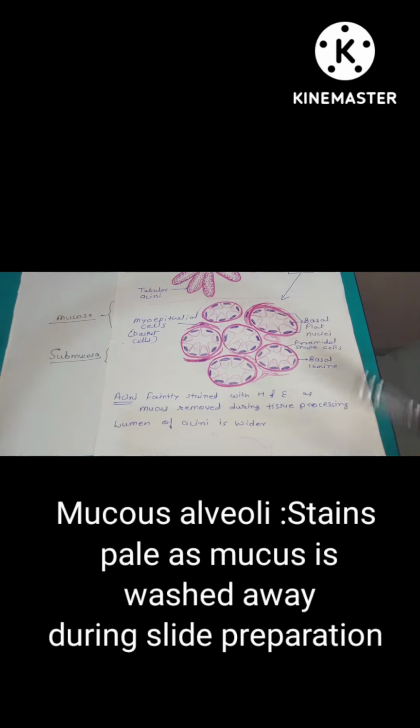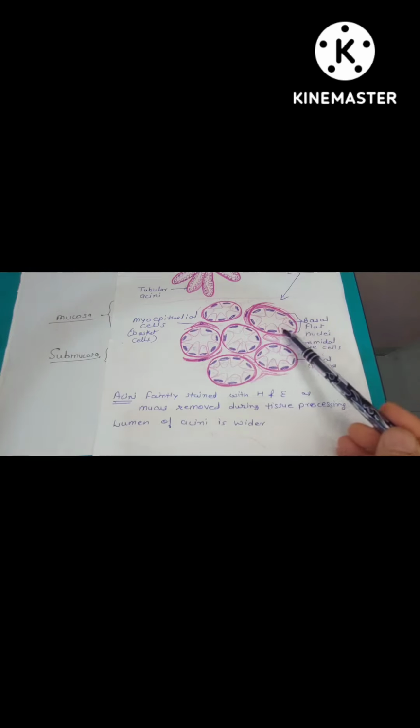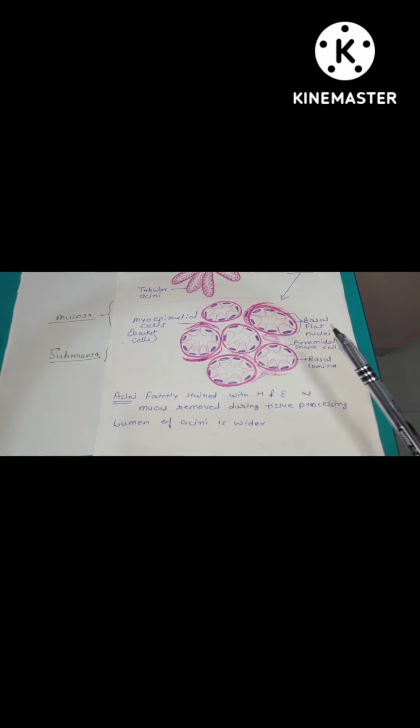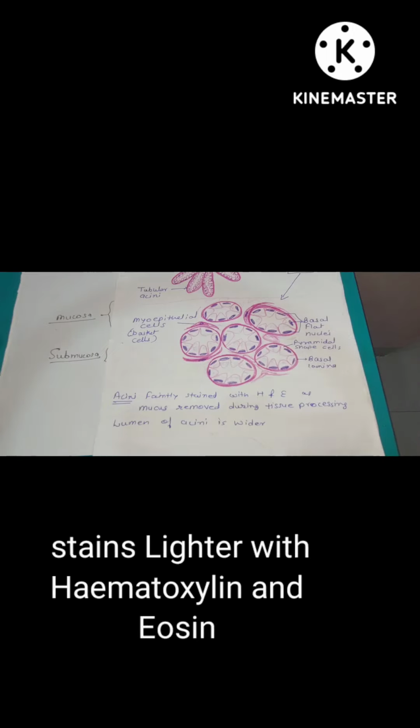This is because the mucus in the cytoplasm of this mucus gland is washed away during slide preparation. The lumen of the mucus secreting gland is wider as compared to the serous glands, and the mucus glands stain somewhat paler or lighter as compared to the serous acini.